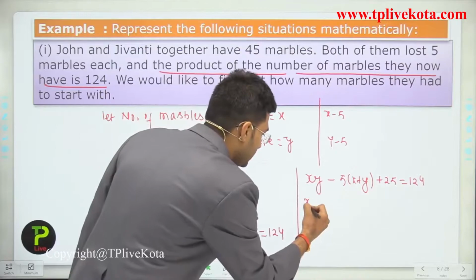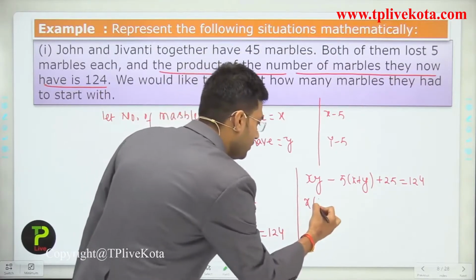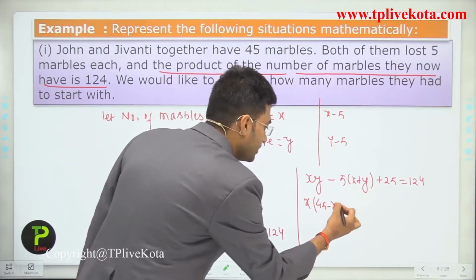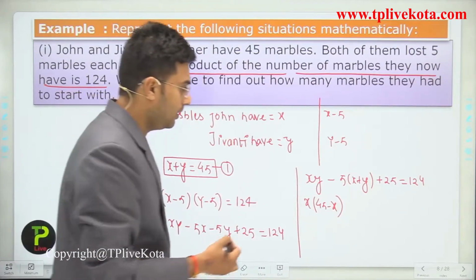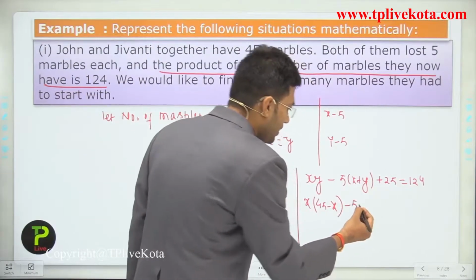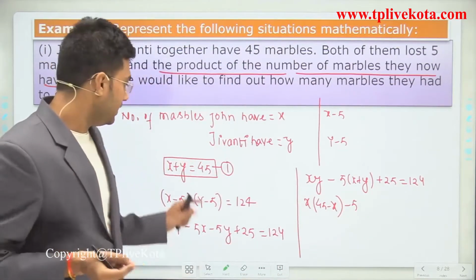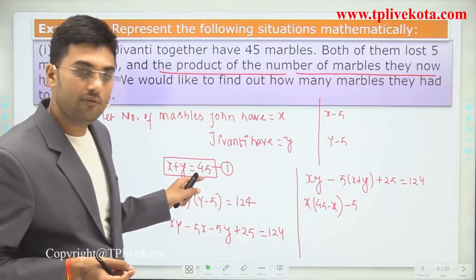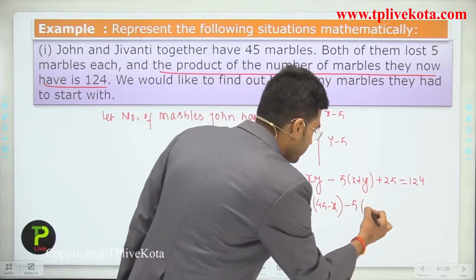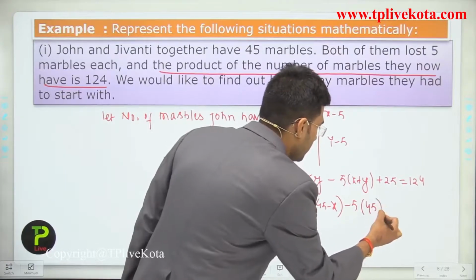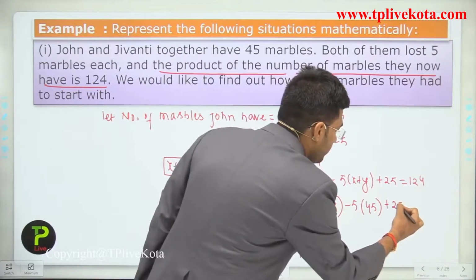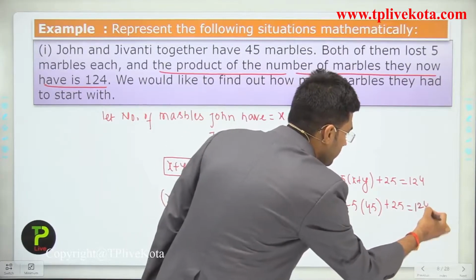So it is x multiplied by (45 minus x). Clear? Now minus 5, the value of x plus y is equal to what? It is equal to 45. So replace the value of x plus y, plus 25 equals 124.